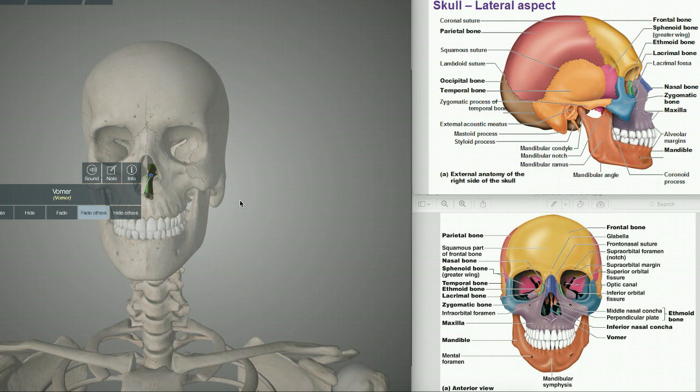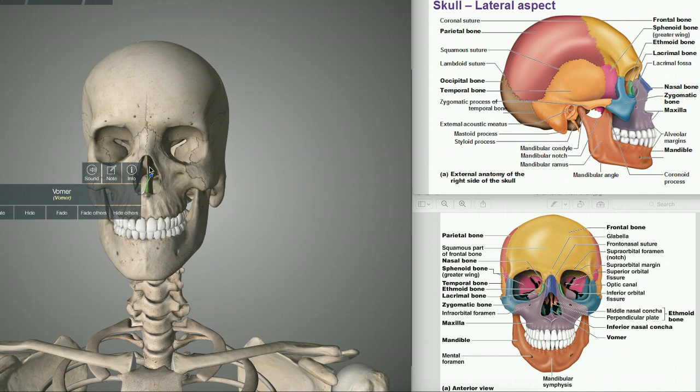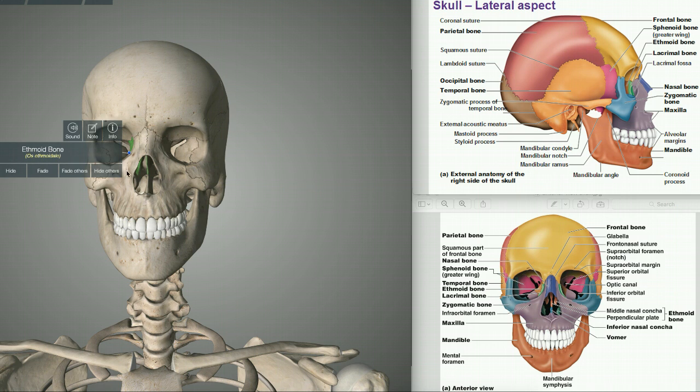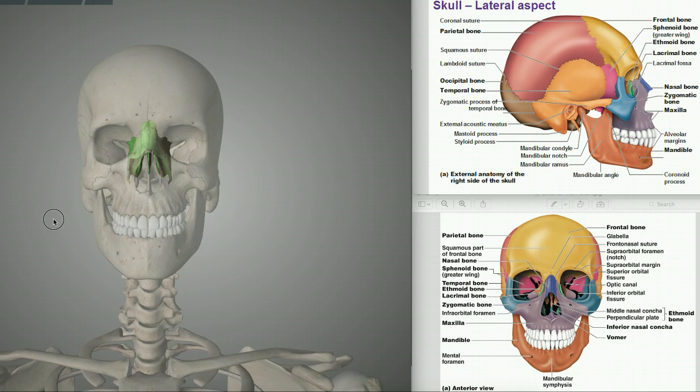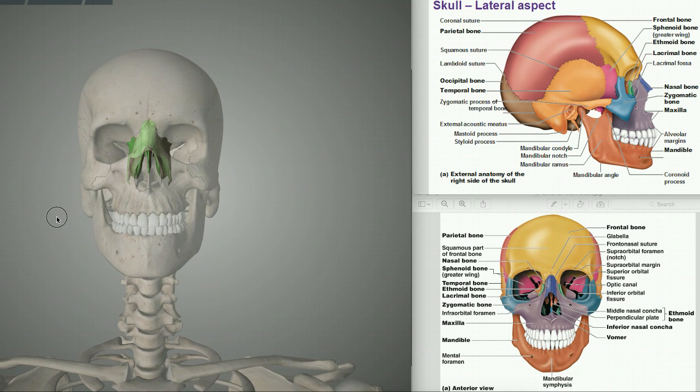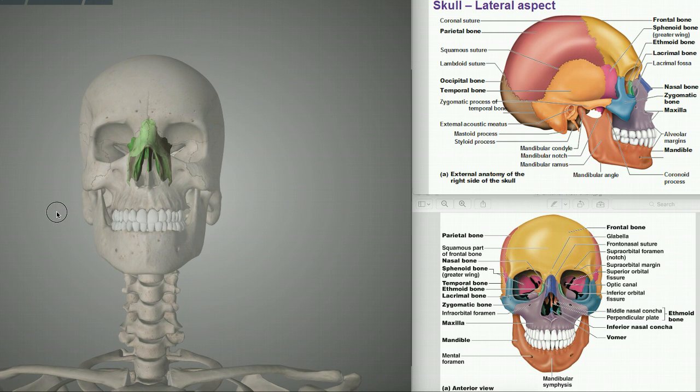The ethmoid bone, to be more precise, consists of two parts. This is the image that you see right here. You have the perpendicular plate, which is the middle bit, which my mouse is pointing to, and the two end bits that my mouse is pointing to now, left and right, are known as the middle nasal concha.